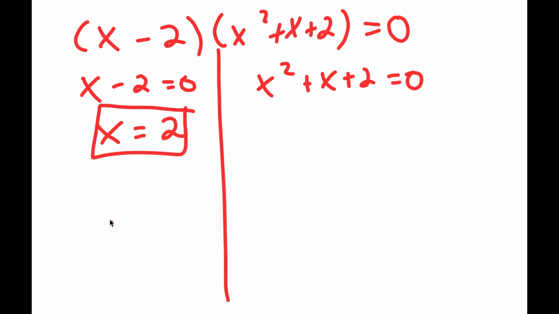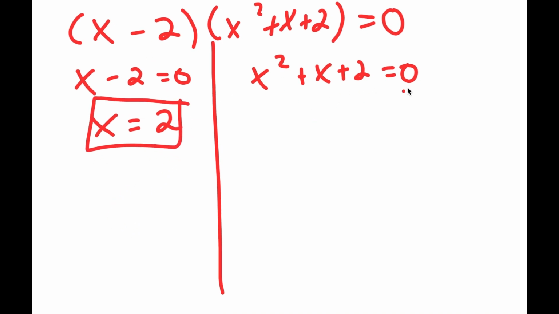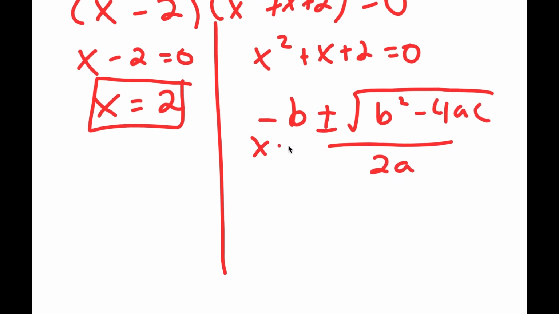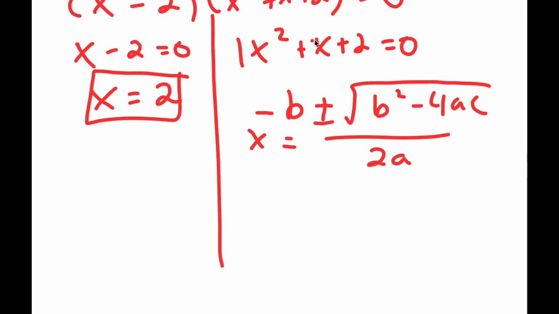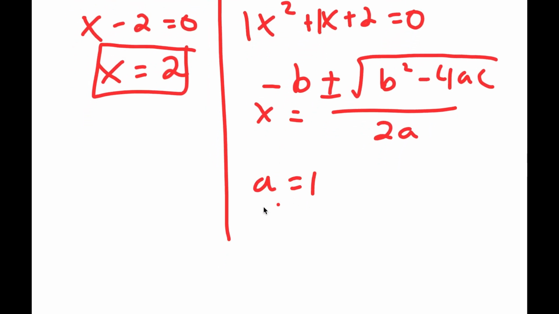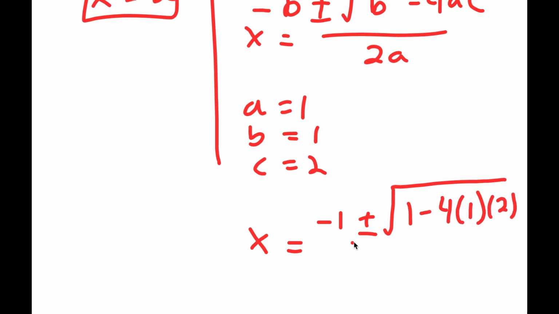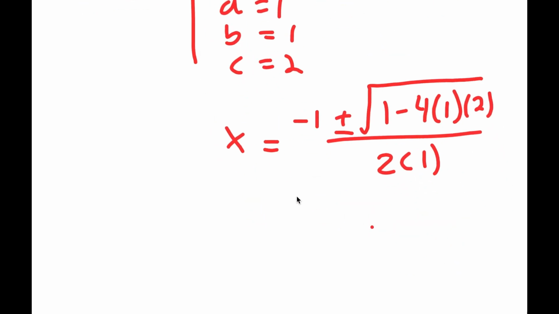That's a simple equation. And now for x squared plus x plus 2 equals 0, I'm going to use the quadratic formula, which is negative b plus or minus the square root of b squared minus 4ac all over 2a. So in this case, a is 1, b is 1, and c is 2. So I get x is equal to negative 1 plus or minus the square root of 1 squared, which is 1, minus 4 times 1 times 2, all over 2a.